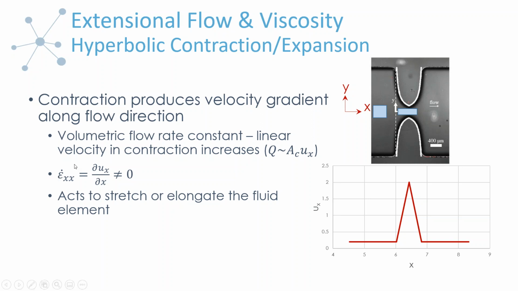And so that now gives us an extensional rate because we now have this non-zero velocity gradient in the direction of flow. This is the ideal increase in linear velocity as we enter the channel, and then further decrease as we exit the channel.